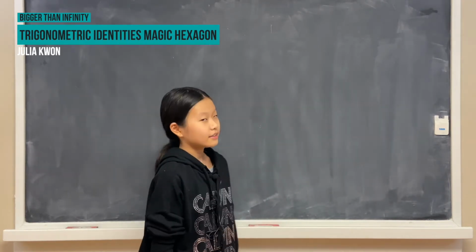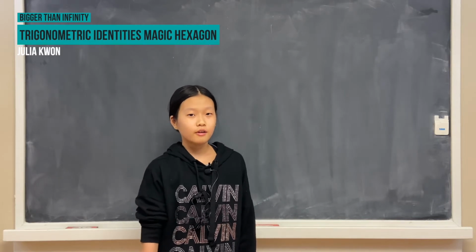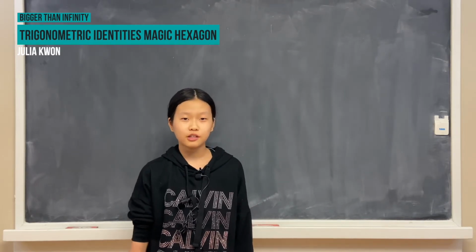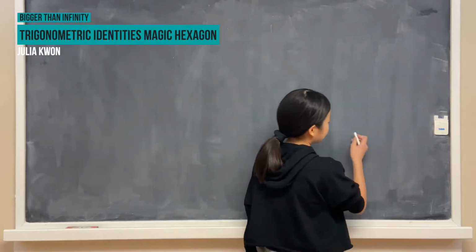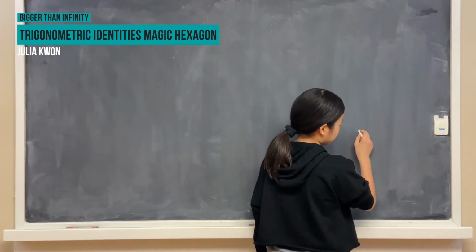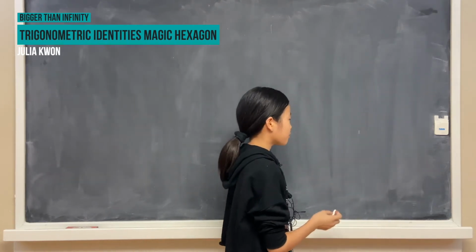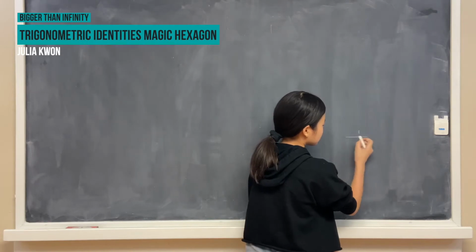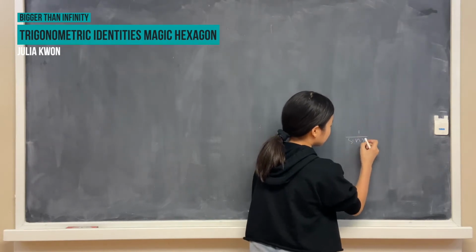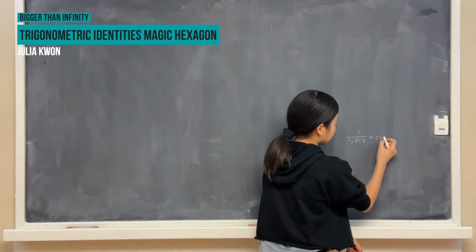So before I get into it, I would like to write the reciprocals of the trig functions here because we'll need them later. The reciprocal of sine x is cosecant x.